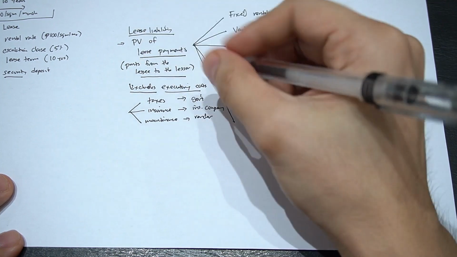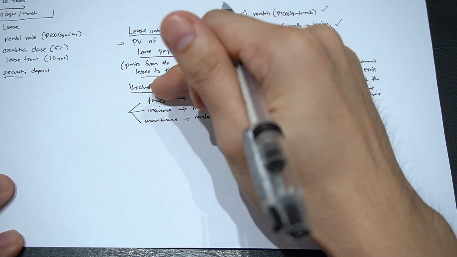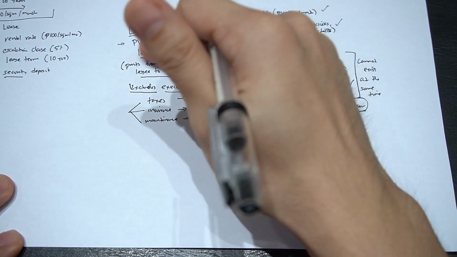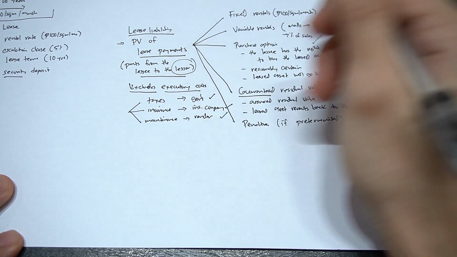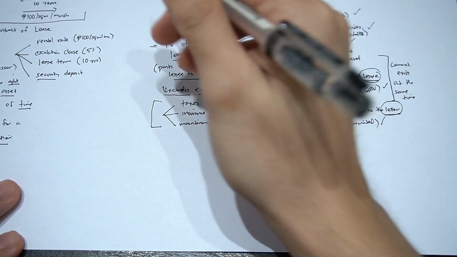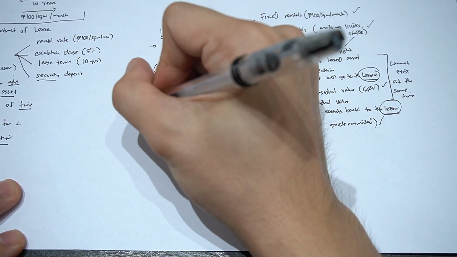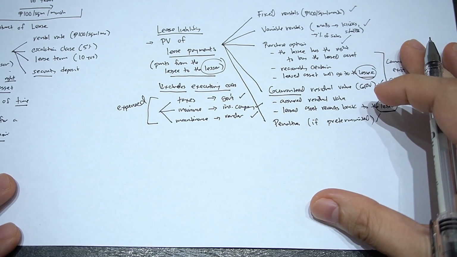Ito, from lessee to third parties. Got it? Kaya class, pag may executory cost, taxes, insurance, and maintenance, huwag mo siya isasama sa lease payments because ang naka-receive niyan is not the lessor, but the third parties. Right? So, executory costs, ang accounting treatment for this, they are charged to expense. Expense right away yan. Got it?